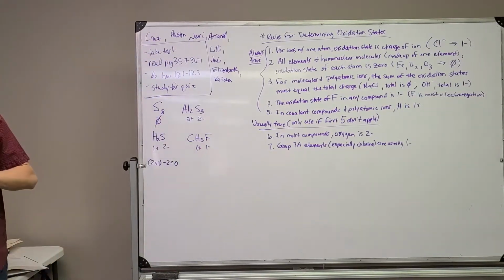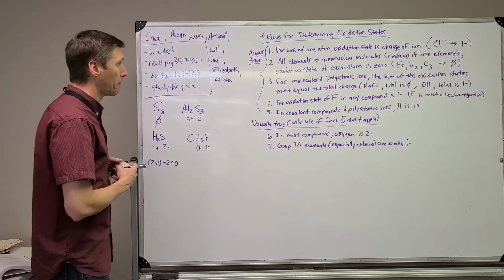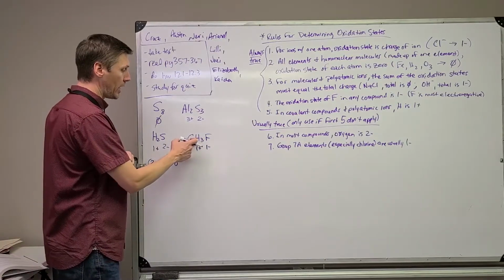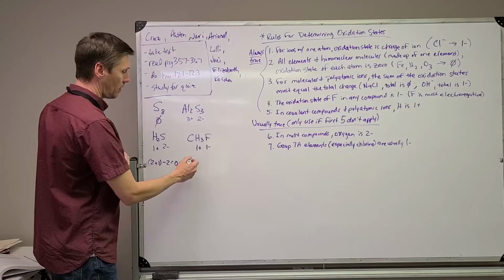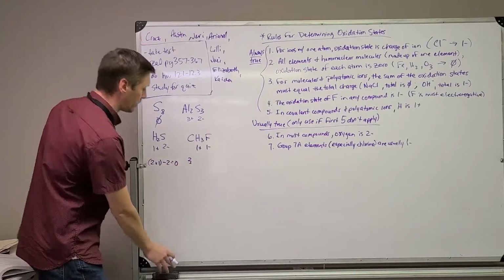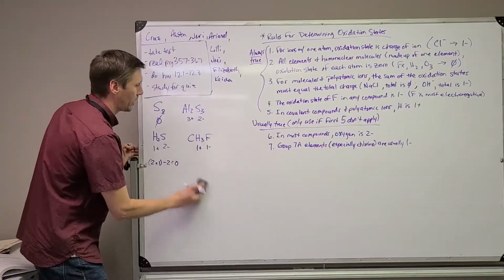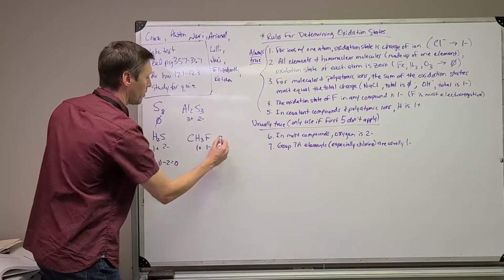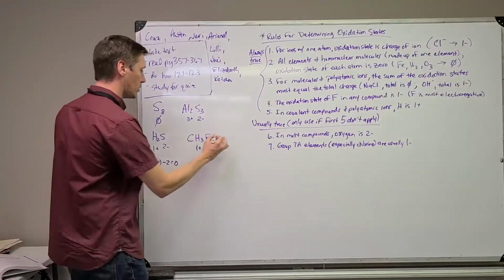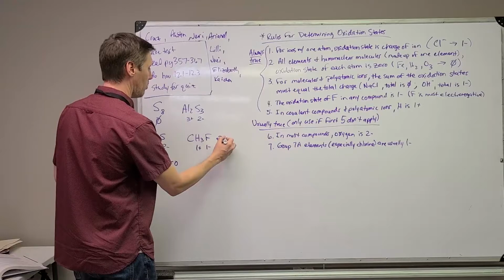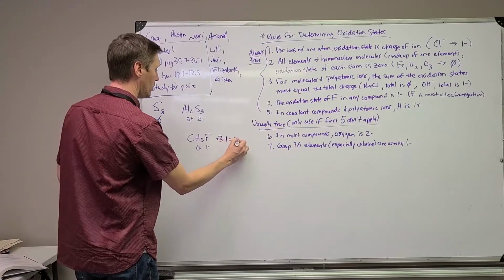Rule number 3 is going to tell me that whatever C is, it's got to be such that when you add all of them together, you get 0. So we've got 3 H's for a total of +3. That's the worst +3 I think I've ever written. An overall +3 charge, right? So +3 minus 1 equals 2.